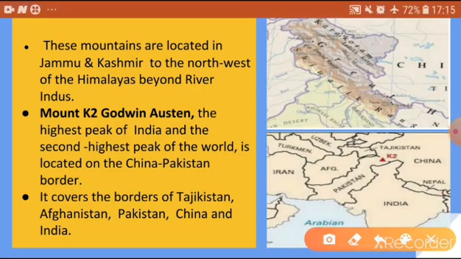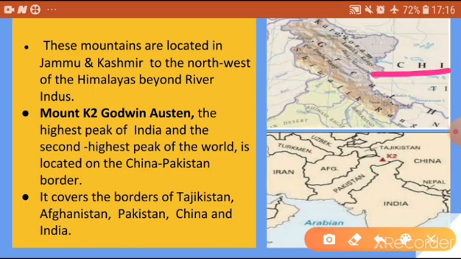In the previous slide, I showed you directions in the compass. 4 directions: north, south, east, west. Here, these Karakoram ranges are located to the northwest.